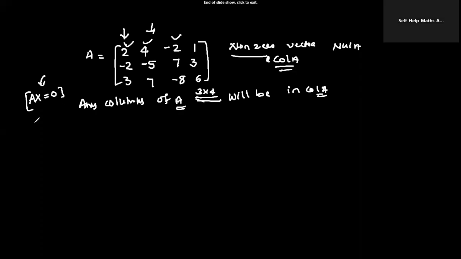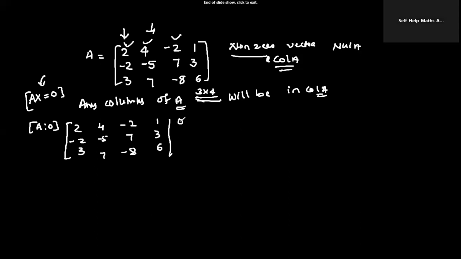So what we have to consider now is the augmented matrix A with 0. We have to start with the row operations here. I'll be assuming that we have already done the row operations many times, so I'll directly use this.